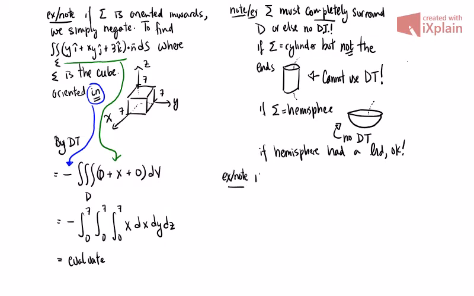So if it turns out that the divergence of F is a constant, then look at what happens, right? So we do this divergence theorem. And we get the integral over d of a constant.